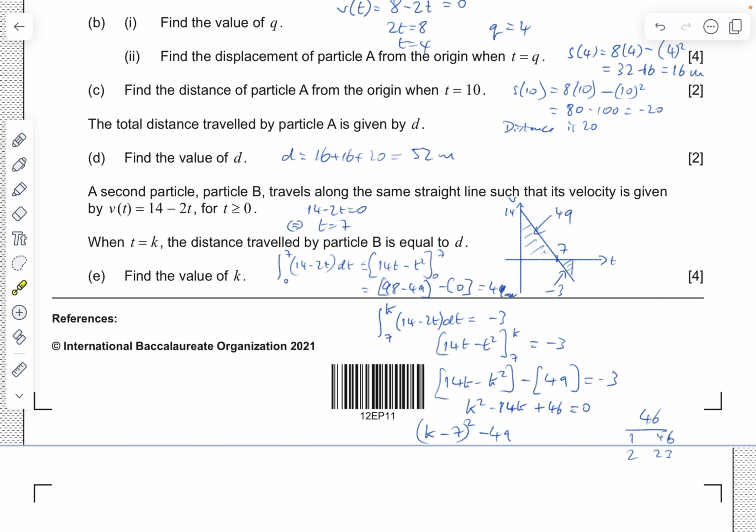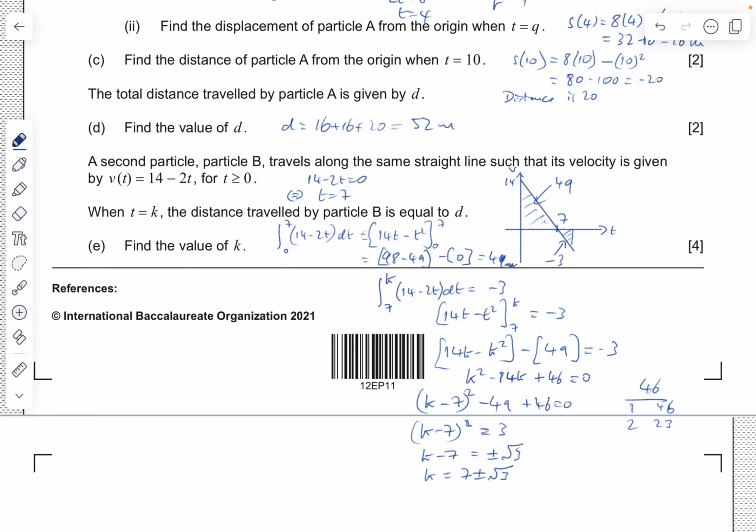That's completed the square on this first bit. And then plus 46 equals 0. K subtract 7 squared equals 3. K subtract 7 equals positive or negative root 3. K equals 7 add or subtract root 3.